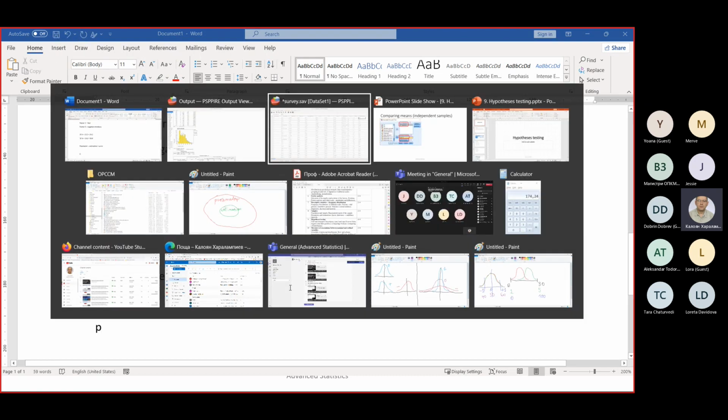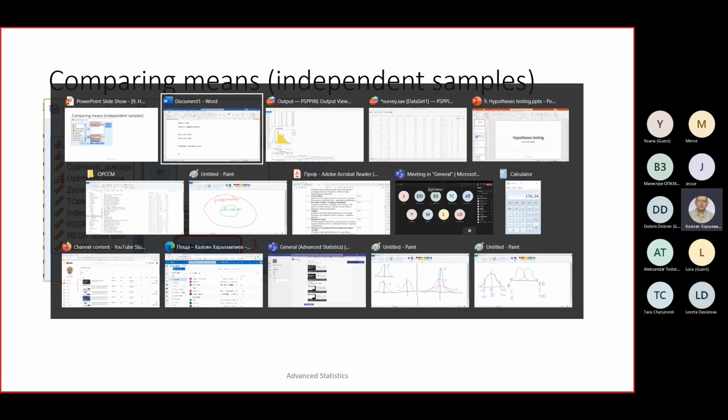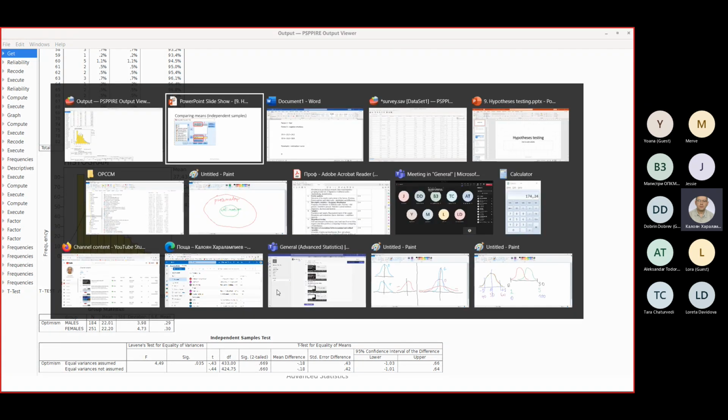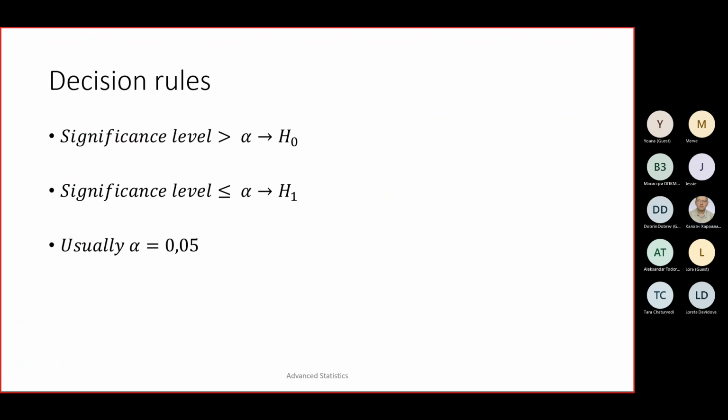So when we calculate this significance level, the rule for acceptance of the null or the alternative hypothesis is here. I skipped it before. If the significance level is larger than the probability of type 1 error, then we accept the null hypothesis.